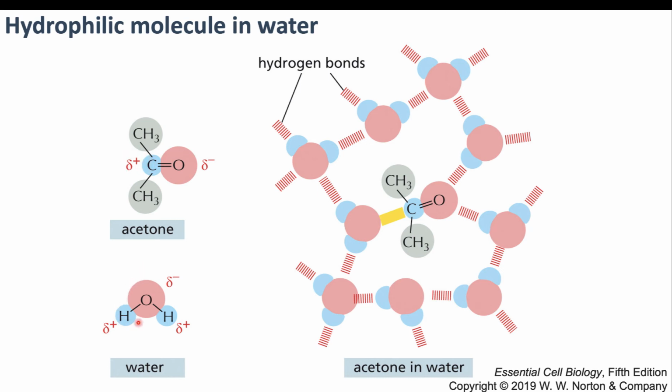And here's that water molecule, just drew with the partial negative oxygen and the partial positive hydrogen. And you can see that we get hydrogen bonds forming between water molecules and also between acetone and the water molecules. The partial negative oxygen from acetone is interacting with the partial positive hydrogen from water. And so these will dissolve or mix in with water.